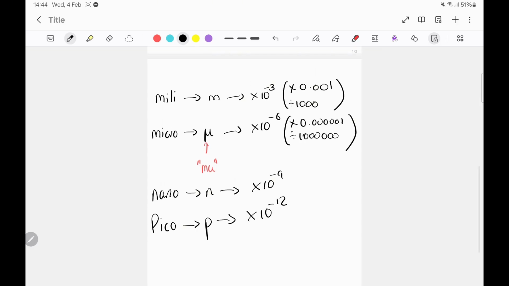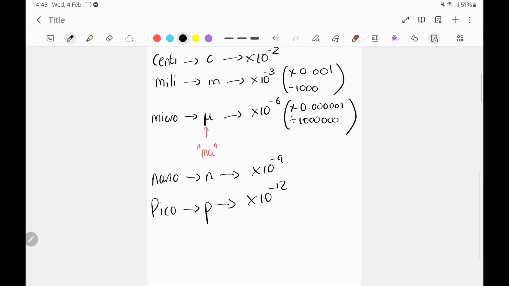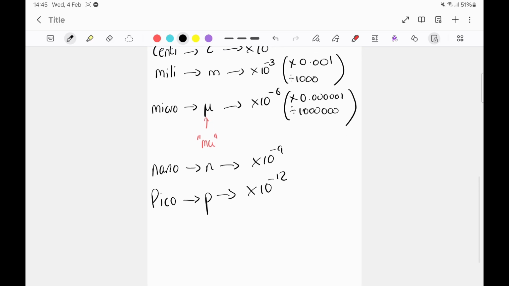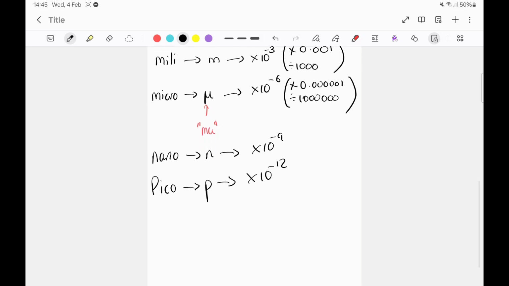There is one funny one here, which is centi, which is a c. This is times 10 to the minus 2. It's very similar, but it's one that we use often. So, for example, if I said I had 30 centimeters, how do I turn that into a number with meters? We do the same thing.